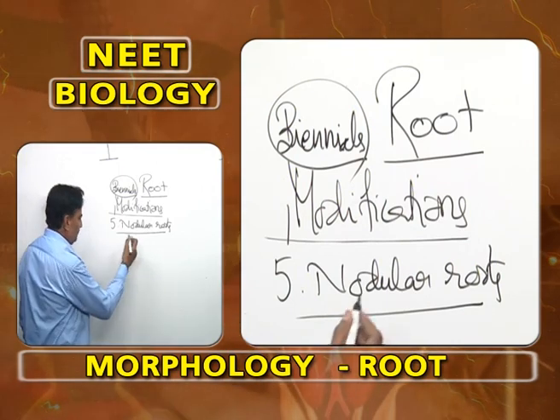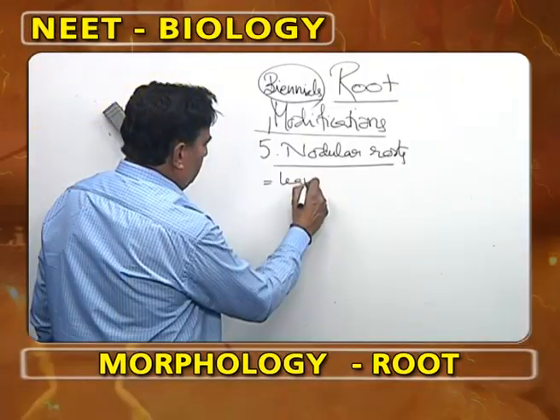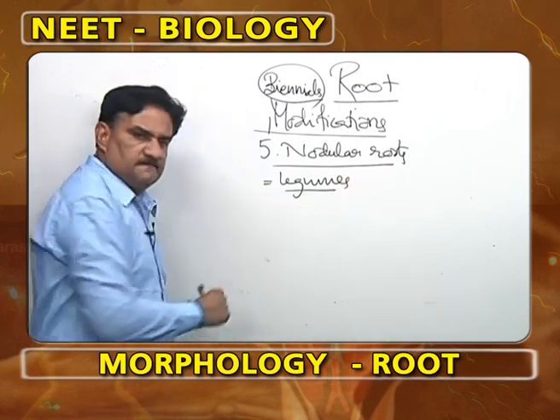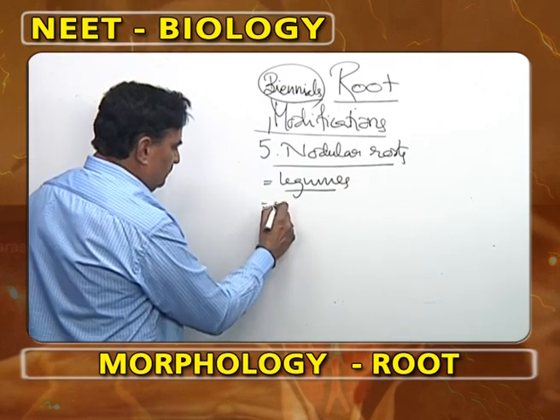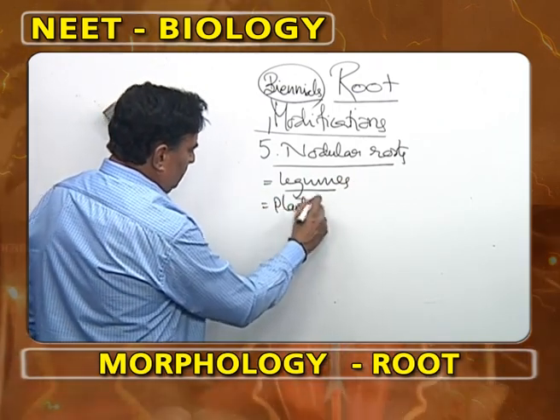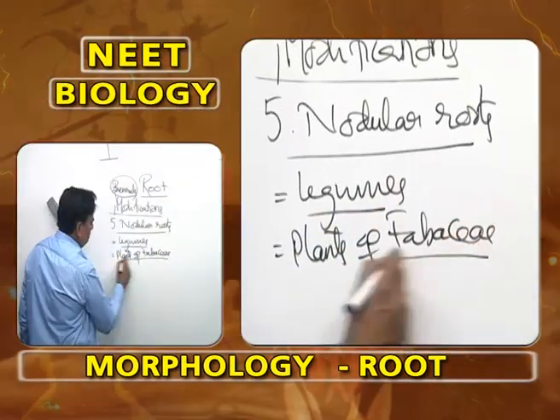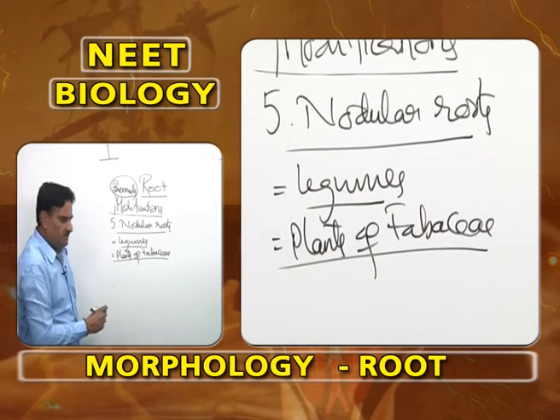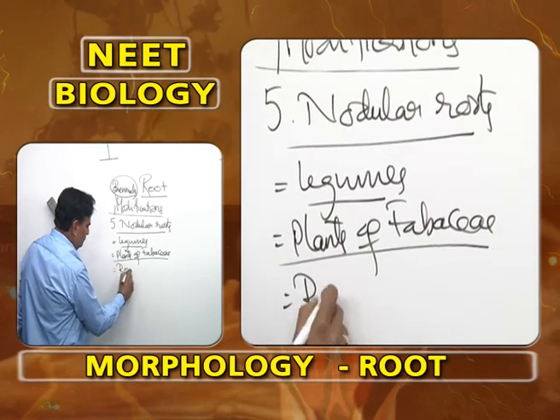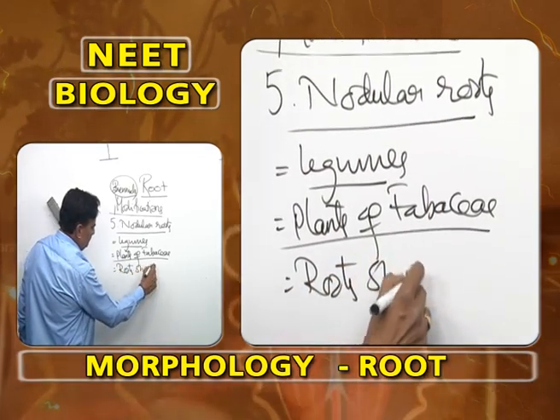Now coming to nodular roots. Nodular roots are found in legumes, particularly plants of Fabaceae. The special feature of this is that roots show nodules.